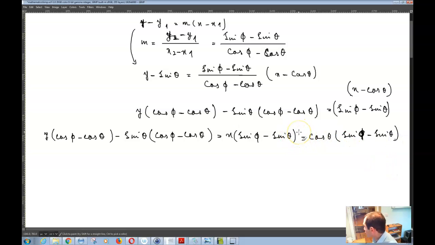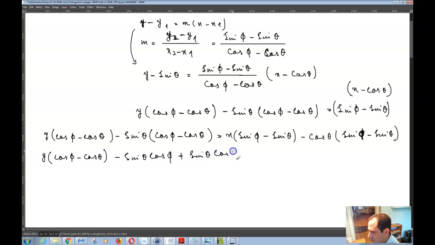And of course I can take everything to the other side of the equation. So first I'm going to write this as y times cos phi minus cos theta, and then I'm going to multiply these, so minus sine theta cos phi plus sine theta cos theta.